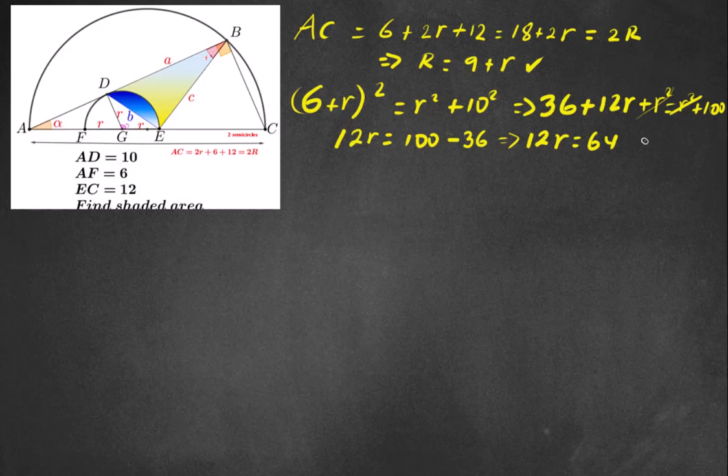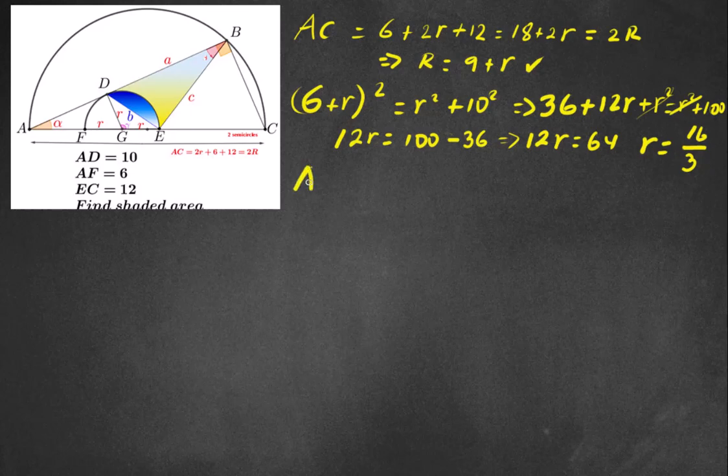That means we can find the r. The r will be simplified here: 64 divided by 12, simplified by 4, we get 16 over 3. So we have small r, correct? Once we have the small r, we continue to calculate the big R. We know that big R was simply 9 plus small r. So the big radius, okay?